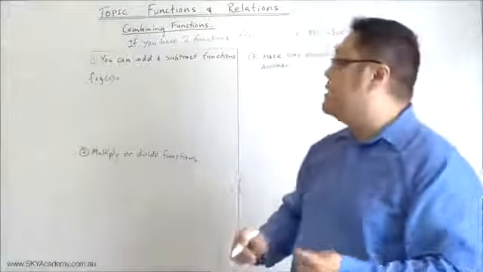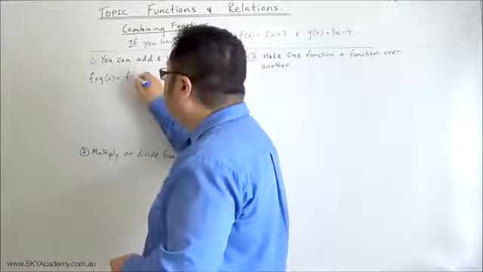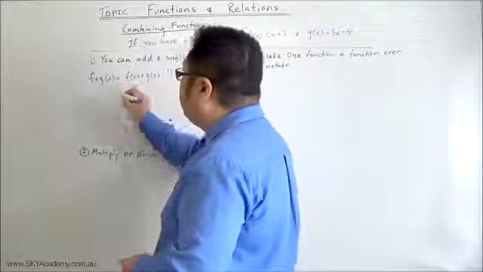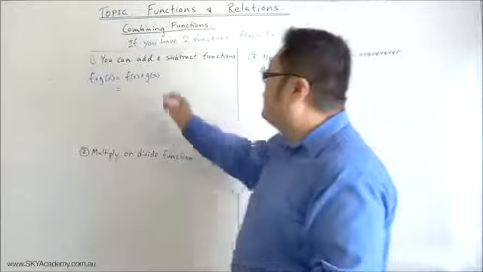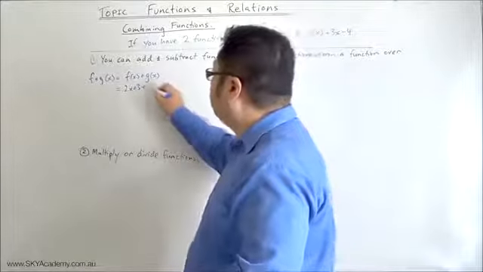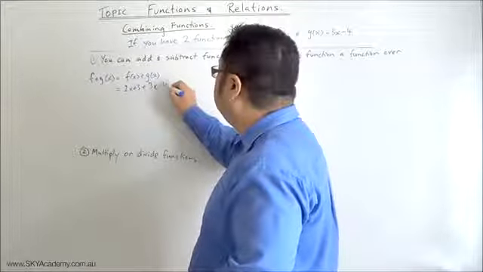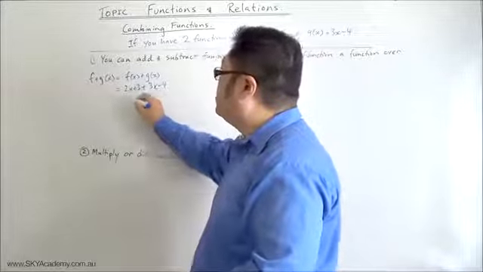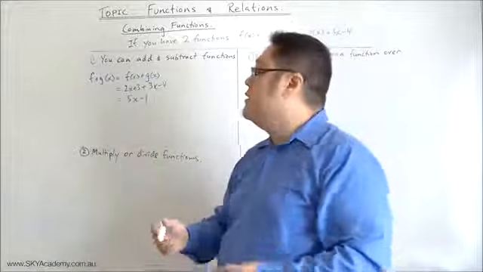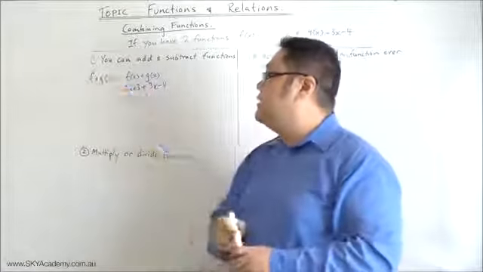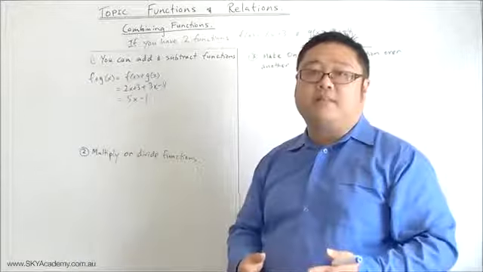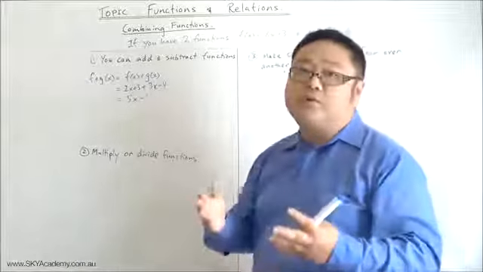Basically, that is f of x plus g of x, which ends up being 2x plus 3 plus 3x minus 4, which gives us 5x minus 1. Does that make sense? So f plus g of x gives you a third function, which is 5x minus 1.